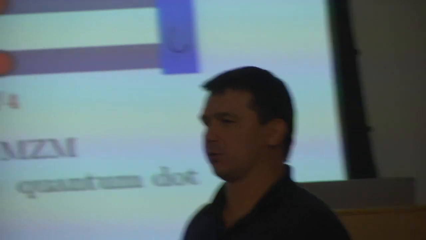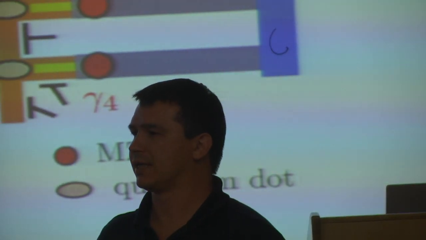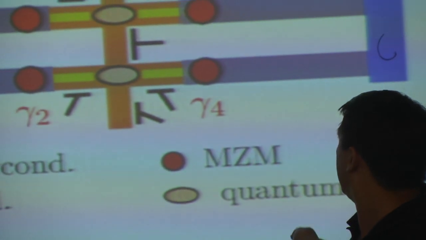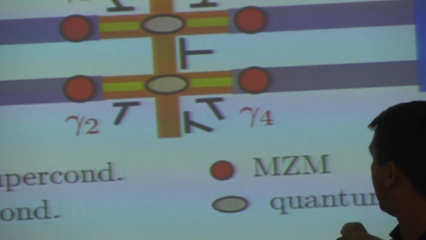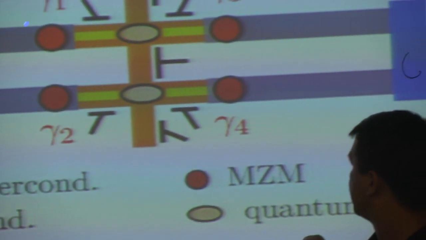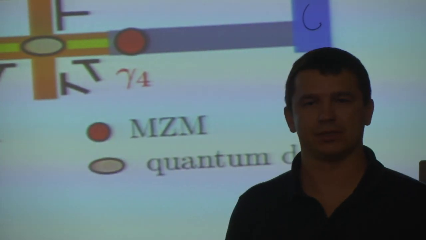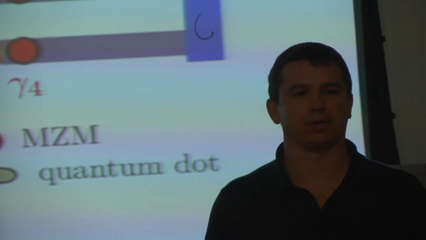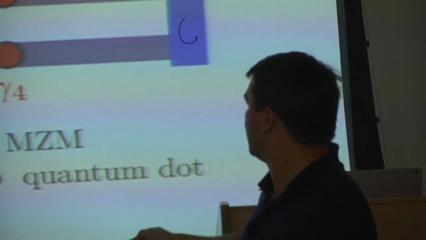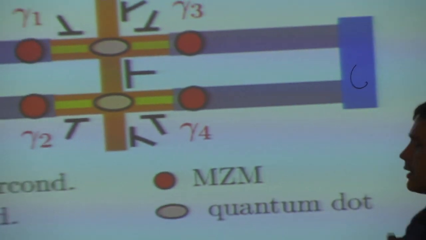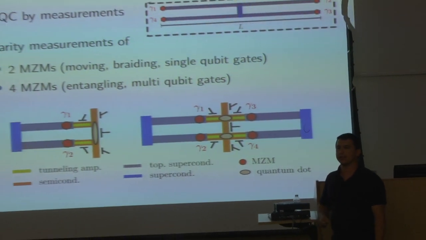In second-order perturbation theory, one can show that quantum fluctuations of charge between the semiconductor island shown here and these Majoranas will be sensitive to the parity of two Majoranas. They will be sensitive to what is encoded in the product of gamma 1 and gamma 2. Okay?